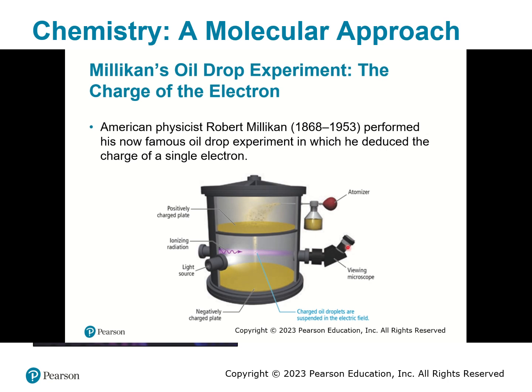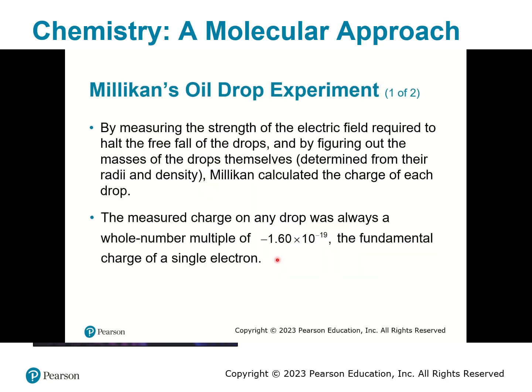The oil droplets passing from the upper section to the lower section through the positively charged plate become charged oil droplets, and they're suspended over here in the electric field at the center of the lower section. From this, he could calculate the charge of each droplet.